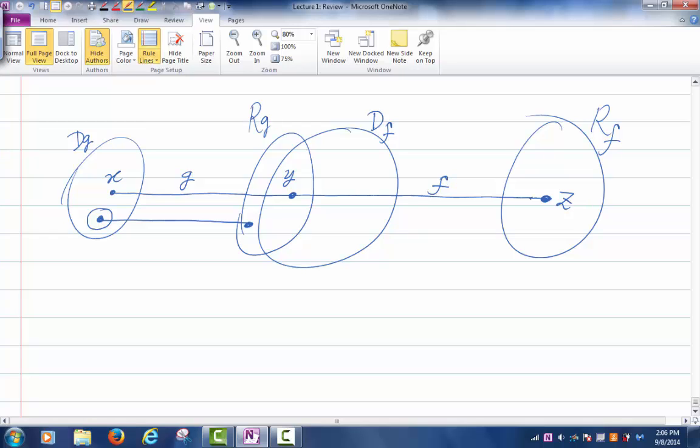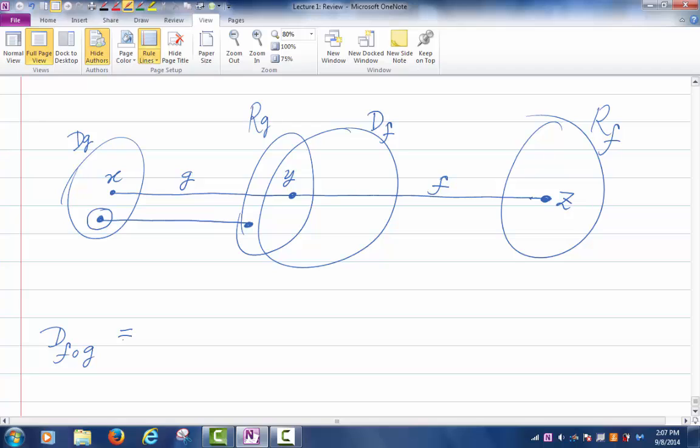So what I'm trying to get at is, what's the domain of the composition function? So the domain of the composition function, what is that? Well, notice that when you're computing the f of g of x, you're applying g to x first, right? So x has to be in the domain of g first, right? Is that okay?